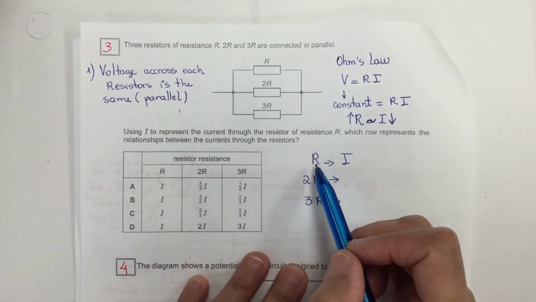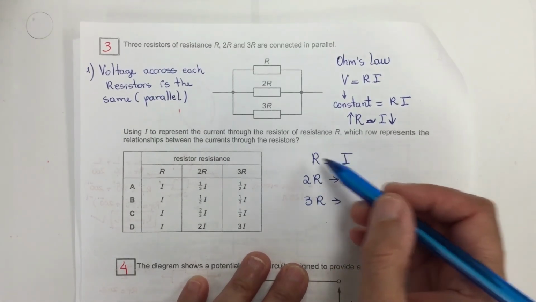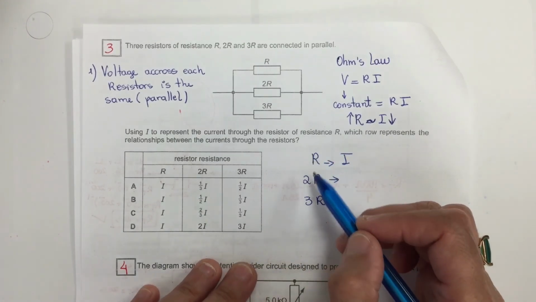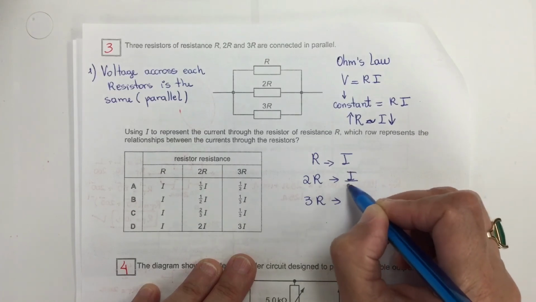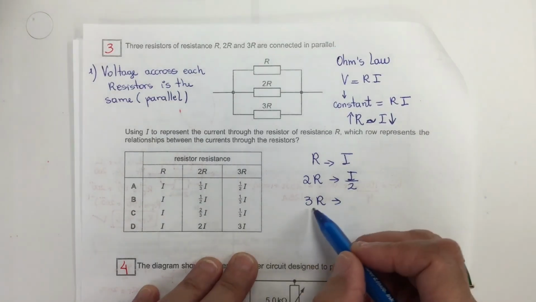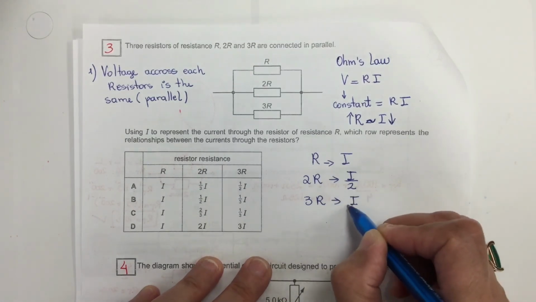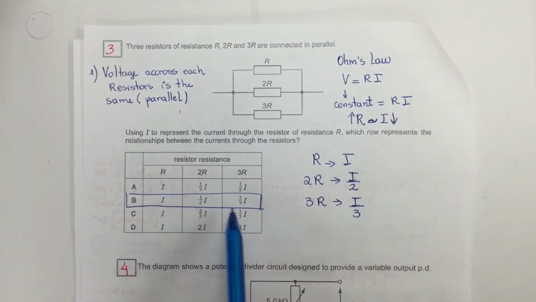So for the resistor R, the current that is flowing through it is I. If the resistance doubles, the current is going to be half of it. If the resistance triples, the current will be 1/3 of the original value. So B is the correct answer.